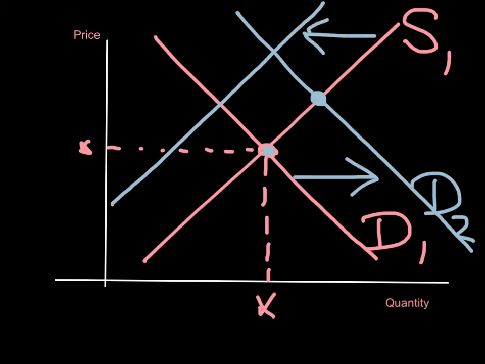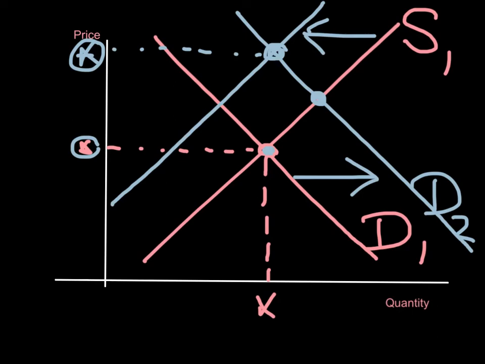Alright, so now let's take a look at where the equilibrium price is after these two changes. The intersection of the two new curves is right here. So you can see that the price has gone from here to here. So there's definitely an increase in the equilibrium price.